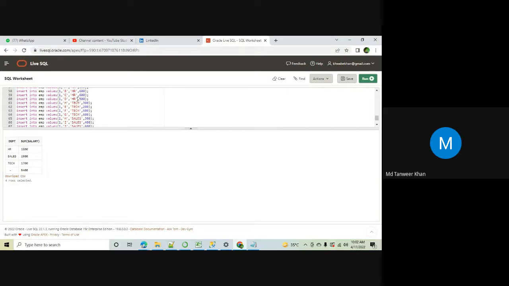If you add all the HR, 100 plus 600, 700, 700 plus 600, 1300, 1300 plus 500, 1800. So in HR, you are giving a total of 1800 salary. Sales, you are giving a total of 1900. In the tech department, we are giving a total of 1700. And in total, you're giving 5400 salary. So this is the benefit of rollup. This will help you to do the analysis.